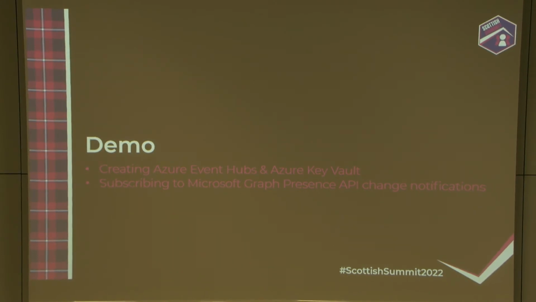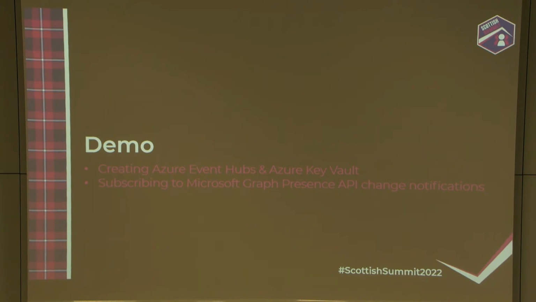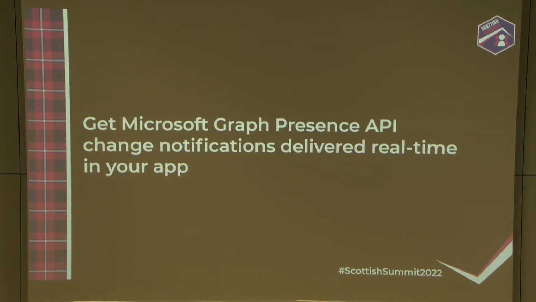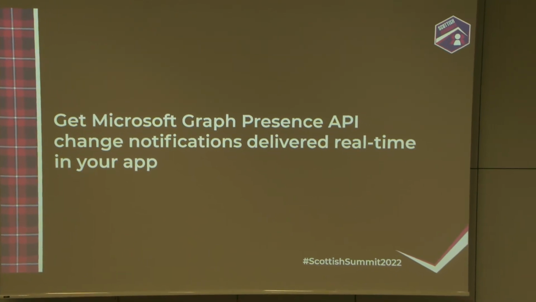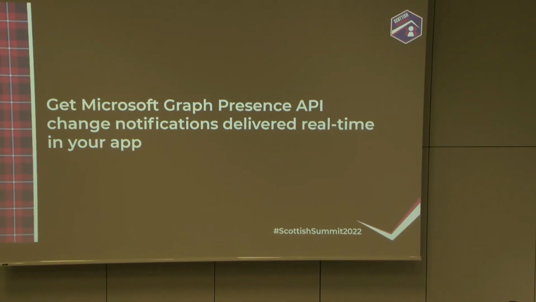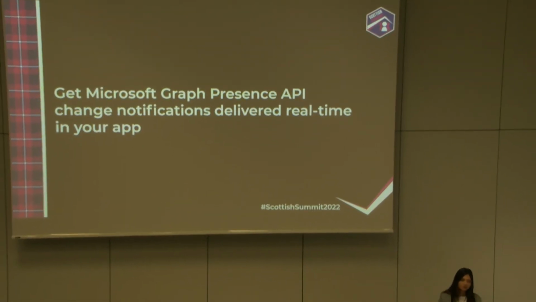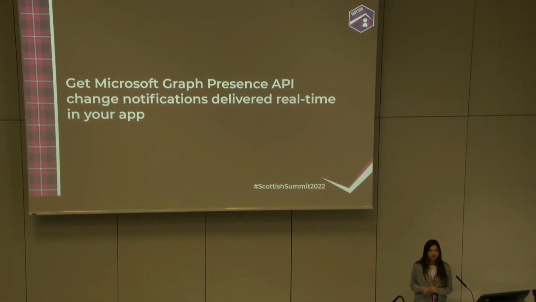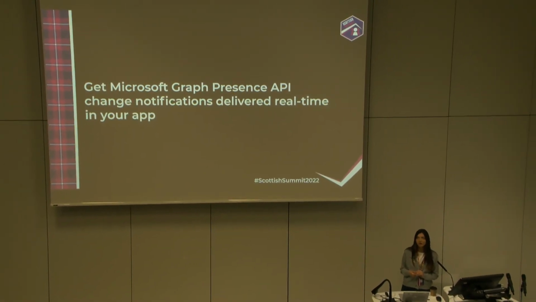Okay, so we built the Event Hub, we built the Key Vault, and then we subscribed to our changes through Power Automate. And then next is getting the presence data real time in your app. I built a React app, but you can use this data anywhere. It's easier to use it in Power BI.